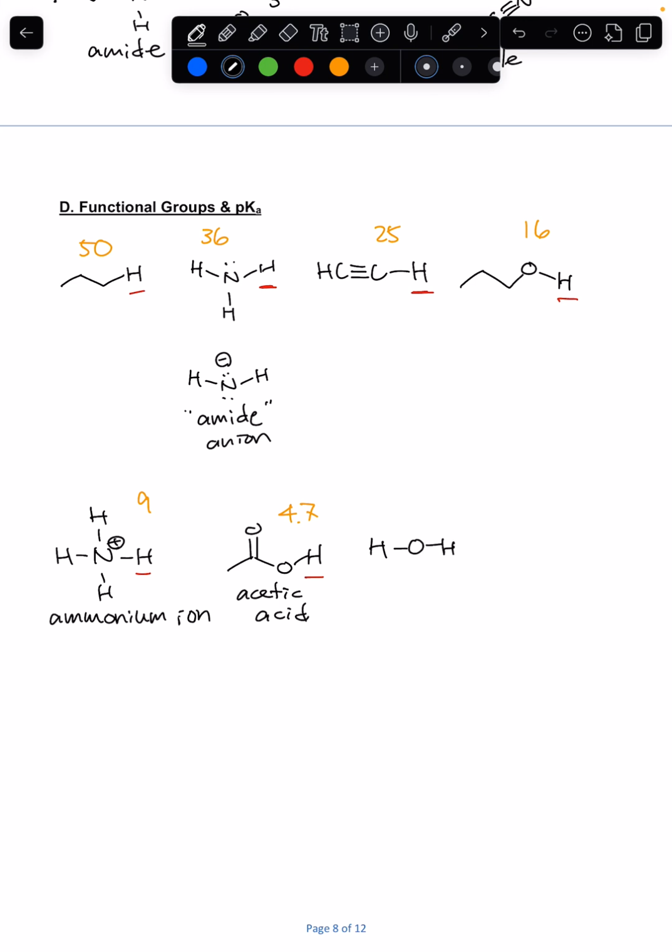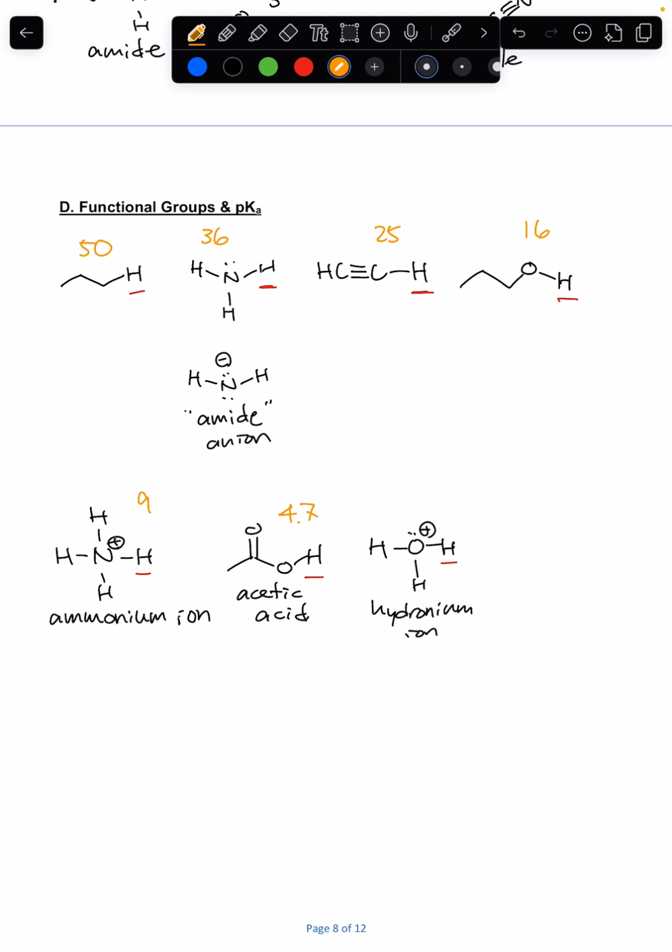another species we've already encountered is this hydronium ion. Right, and its proton wants to leave pretty badly because it's making this oxygen positively charged, and that's very uncomfortable for oxygen, which is very electronegative.